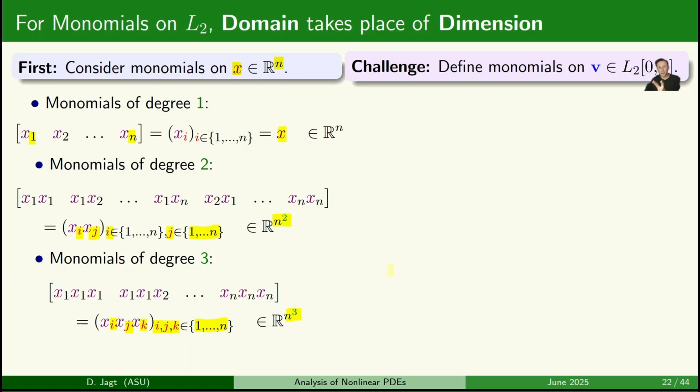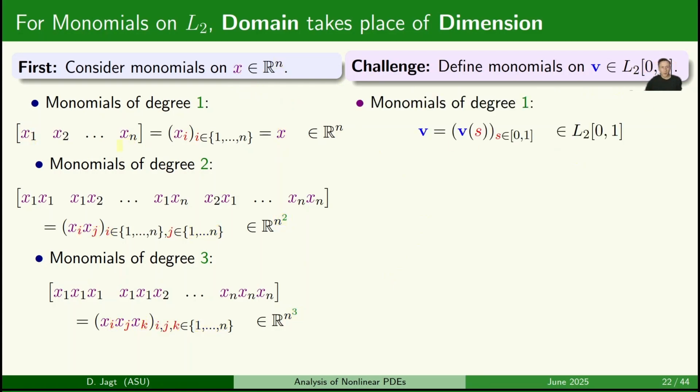Moving now to the infinite dimensional setting, where our vector v becomes a function, we note that our discrete index i here now becomes a continuous variable. So then the monomials of degree 1 in v will be the function v at each point s in 0 to 1. So that will just be the function v itself.